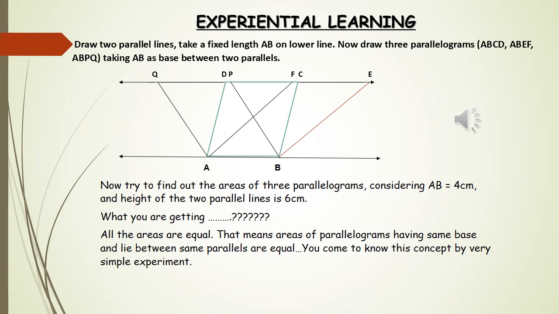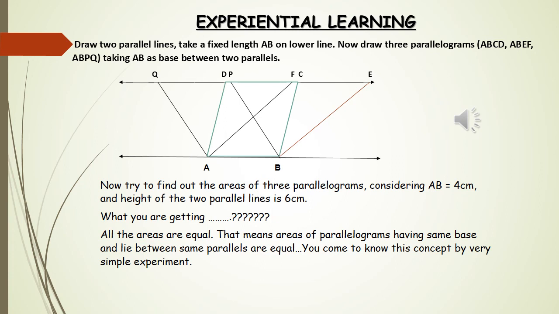But for all three of them, the base will be same as AB, that is 4 centimeter. Now we will be trying to find out the area of the three parallelograms. Note that the gap between the two parallel lines must be 6 centimeter.